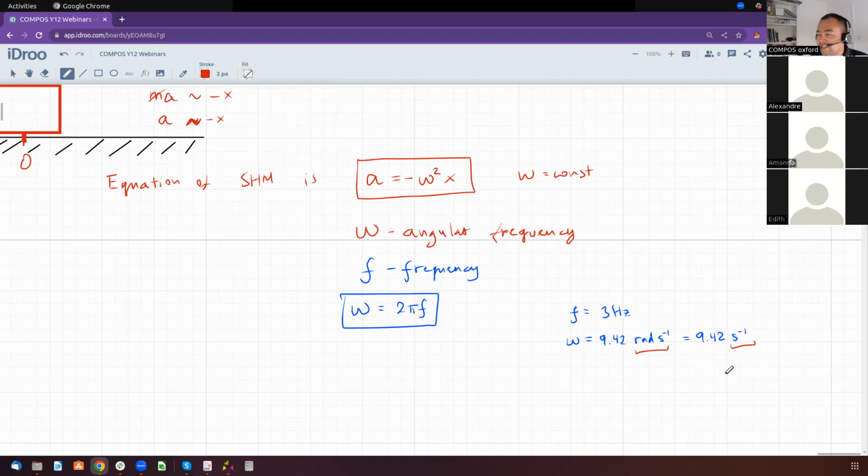These are equivalent. Just keep in mind that radians per second and second to the power minus 1 are equivalent, because in physics a radian doesn't have a physical meaning. Everything clear so far?